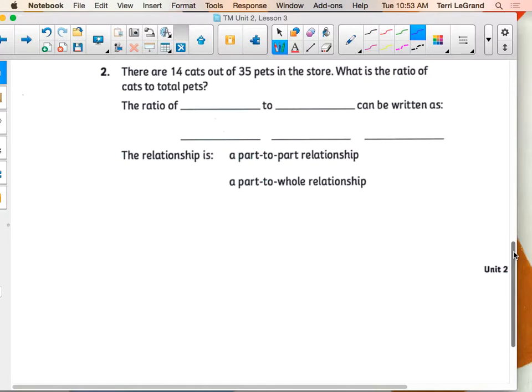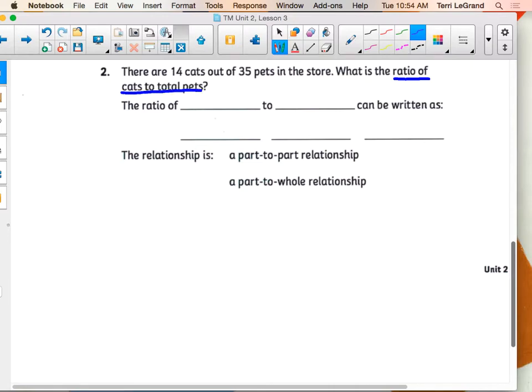What are we comparing? What numbers in there describe what we were comparing? Okay, first thing I'm going to ask is, did you take the time to underline this?